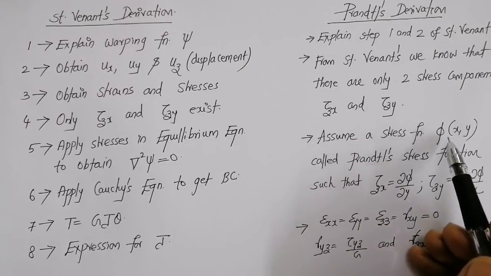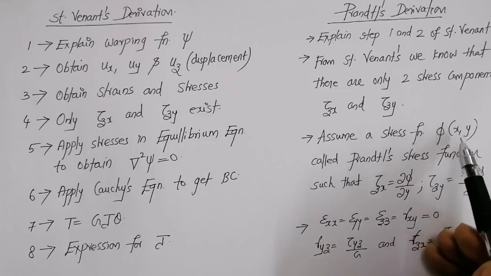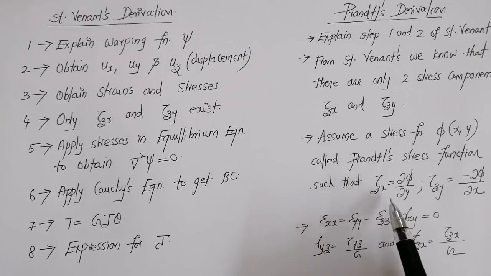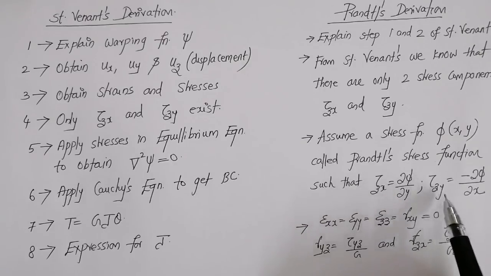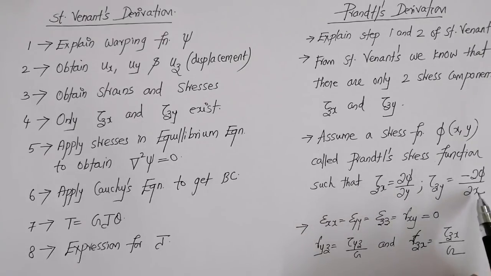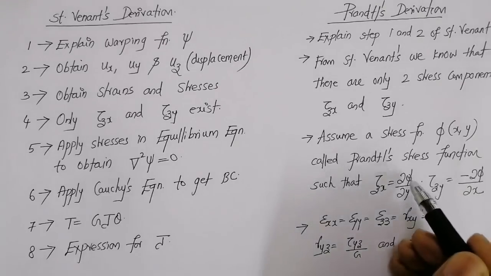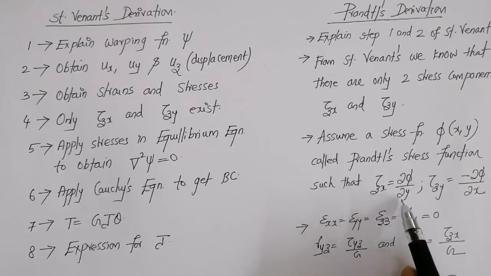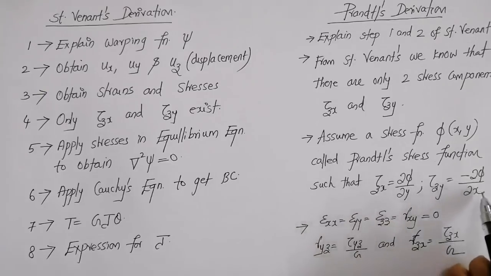Now we are assuming a stress function phi, which is called the Prandtl's stress function. It is a function of x and y only, in such a way that tau zx equal to dou phi by dou y and tau zy equal to minus dou phi by dou x. Remember, this is phi, this is not psi. So tau zx equal to dou phi by dou y and tau zy equal to minus dou phi by dou x.